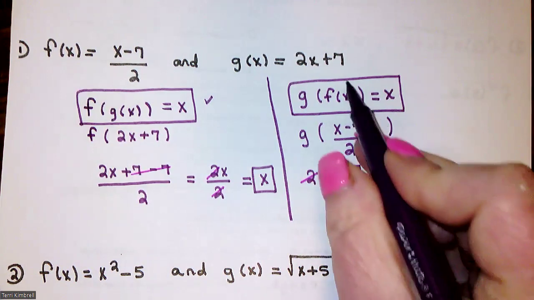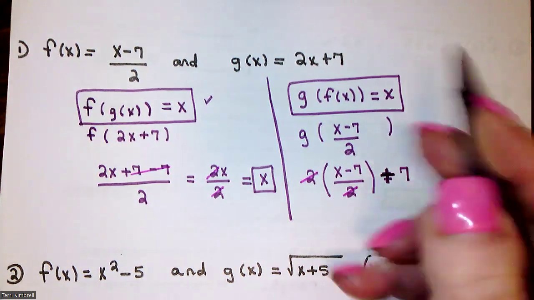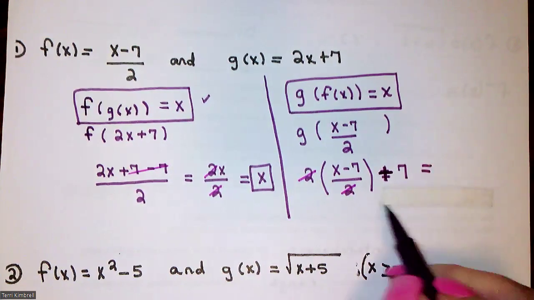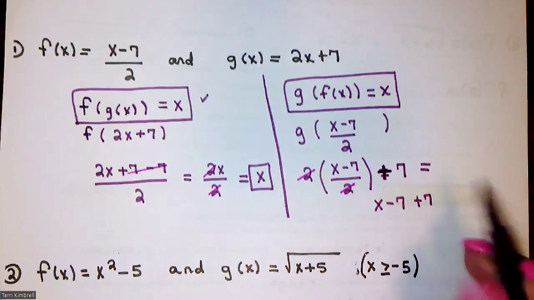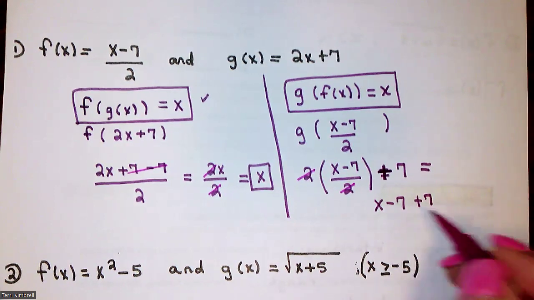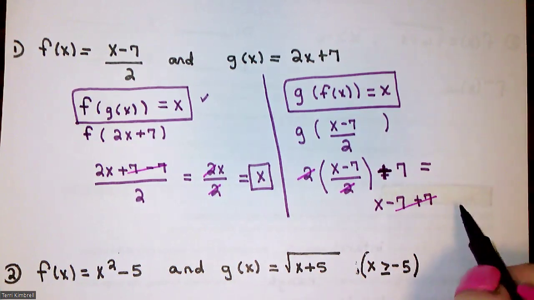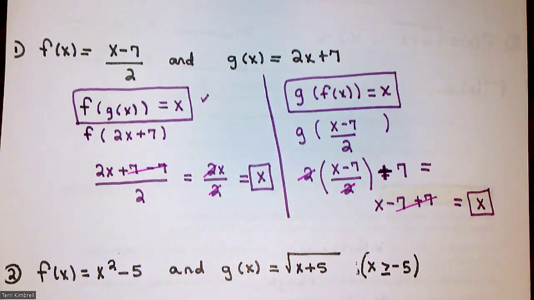I need to go ahead and put the plus 7 there. So I have the x minus 7 plus 7, and the -7 and +7 cancel each other out. So you get back your x. Okay, so that one checks as well.